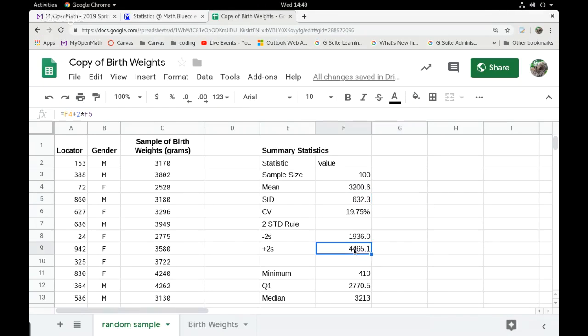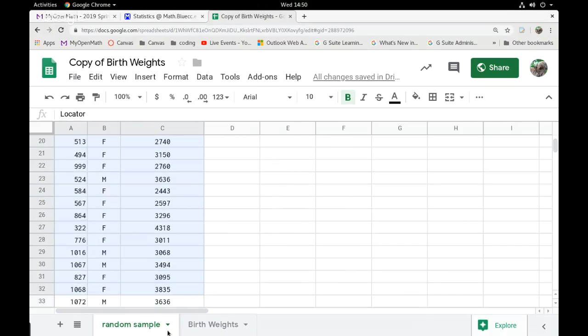Okay. So according to the 2 standard deviation rule, if we have any birth weights under 1900 grams, I would have to sort these to see that, but I can tell by looking at the min, there's definitely at least one.